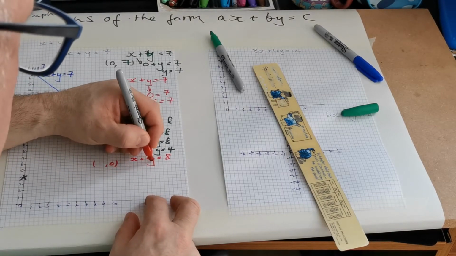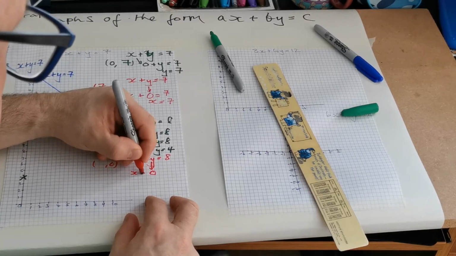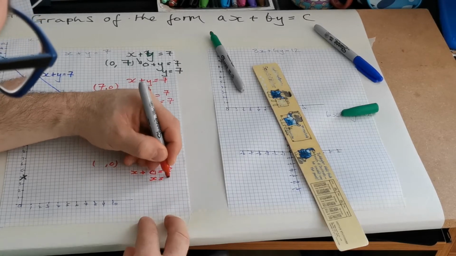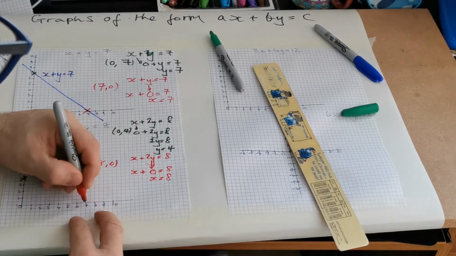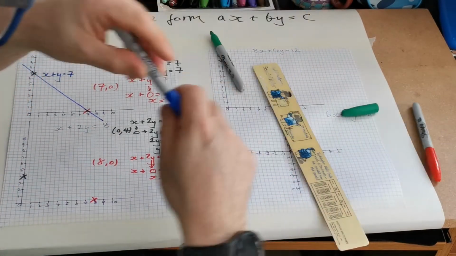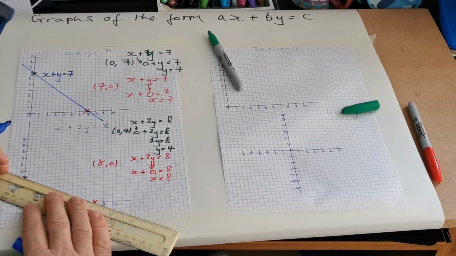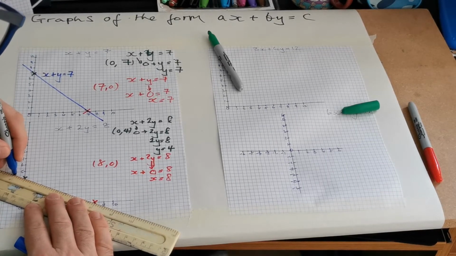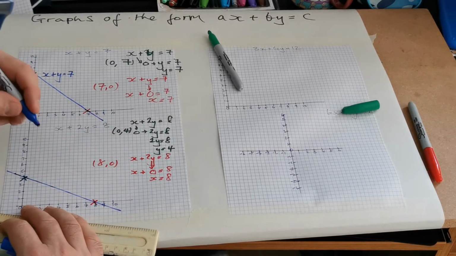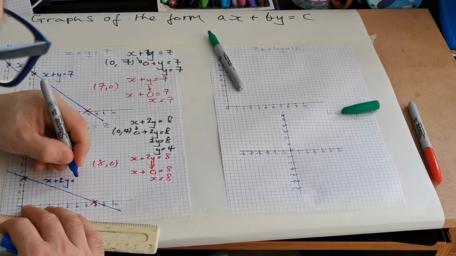So if y is 0, then 2 lots of nothing is nothing, so x plus 0 equals 8. So I think that means that x equals 8. So that point is there. So I can join those 2 points together. And that gives me the line x plus 2y equals 8.